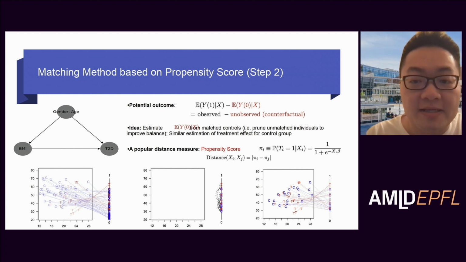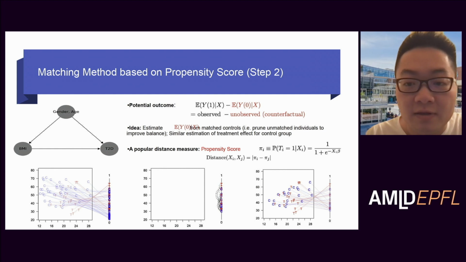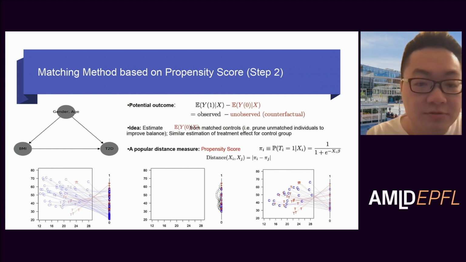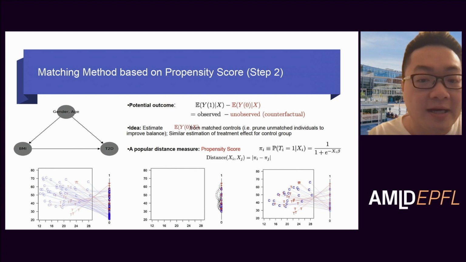Here we use a propensity score, which takes the form of 1 over 1 plus exponential of minus x beta, to do the projection, projecting the multidimensional x to the one-dimensional pi. So we can measure the distance between the points.